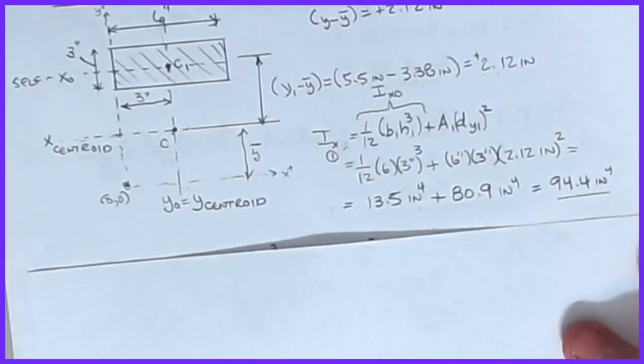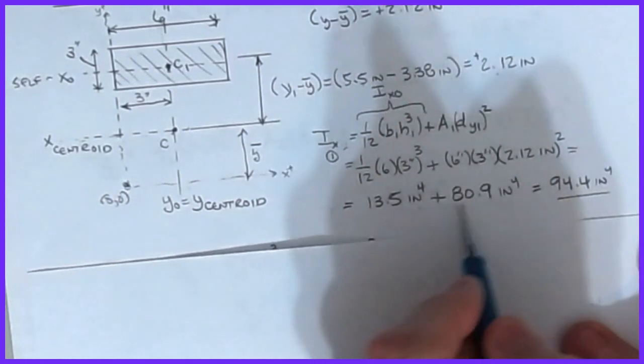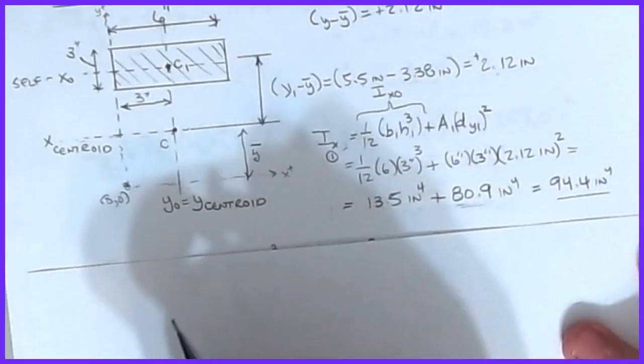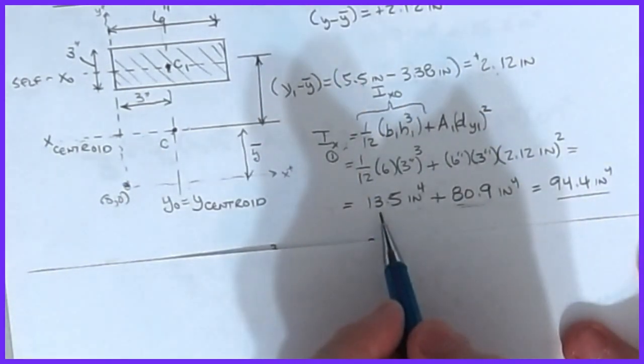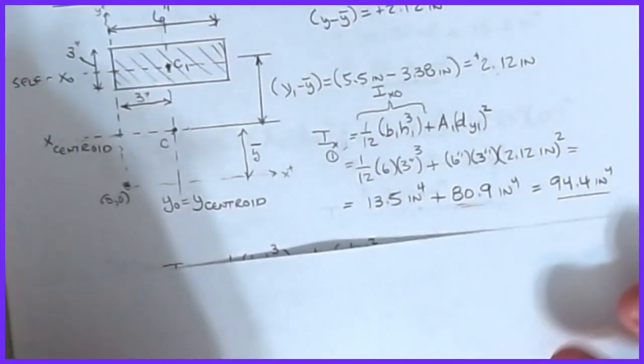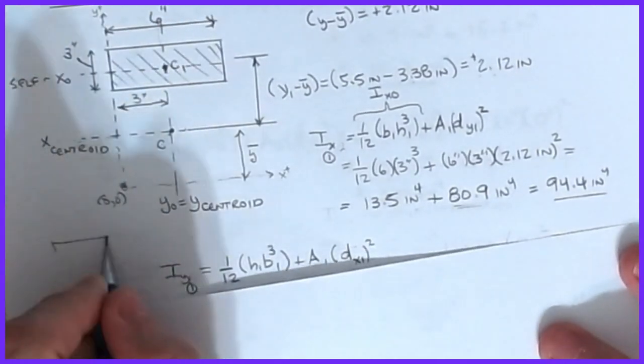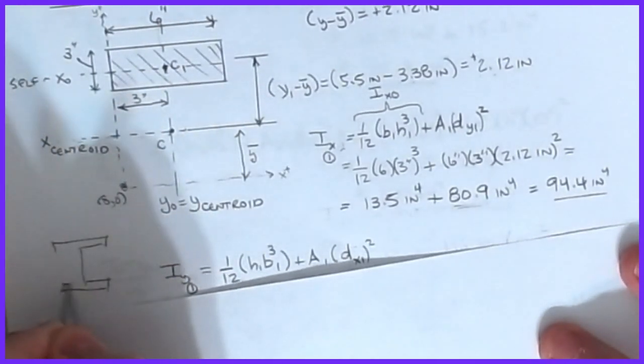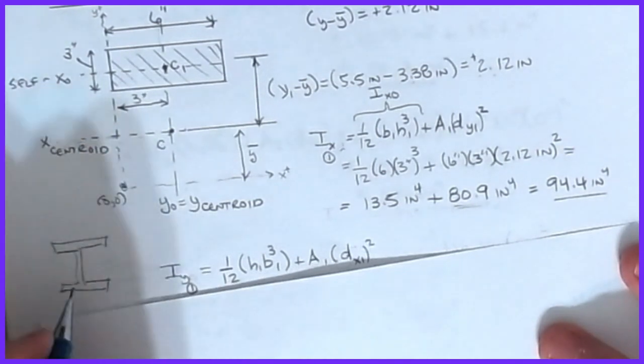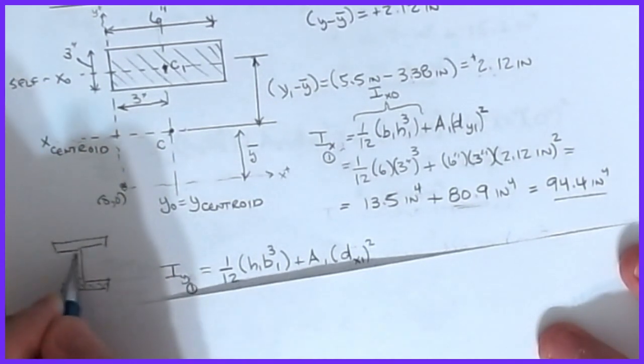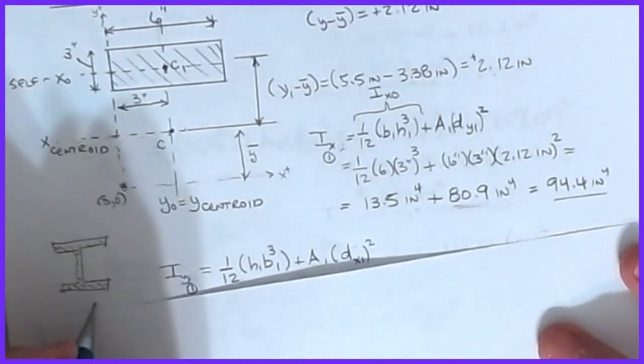So you can see that this parallel axis term can kick up a huge increase in the moment of inertia over just a basic rectangle by itself. That's one of the reasons you'll see in construction that the old classic I-beam is so commonly used: it has a monstrous I value.